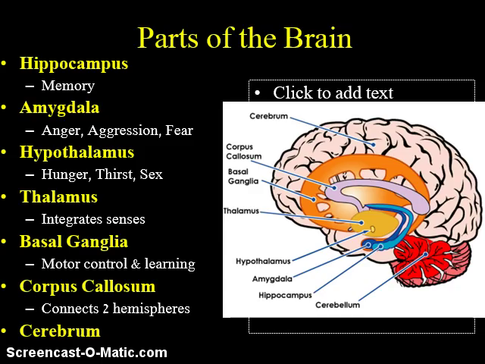So if information comes in that requires critical thinking, it's going to send that information to our frontal lobes for analysis and thought. Whereas if information comes in that maybe it's an emergency, we don't have time to think about every possible scenario, it's going to redirect that information to other parts of our body that are going to help us survive.